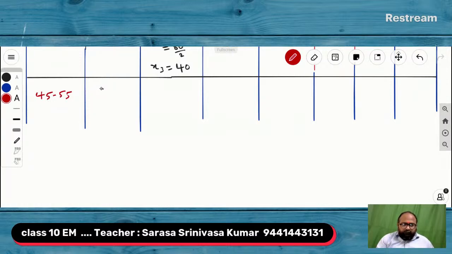F4 equal to 4. Now we calculate x4. This is equal to upper limit plus lower limit by 2. 45 plus 55 by 2. This is equal to 100 by 2. So we get x4 equal to 50.